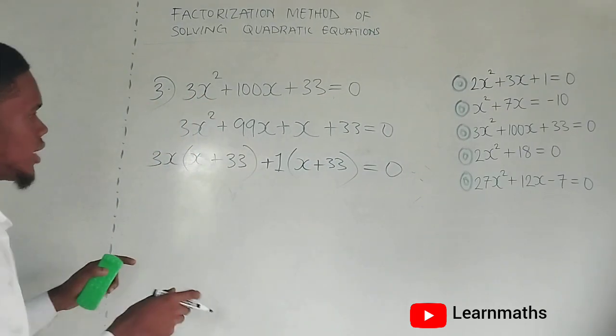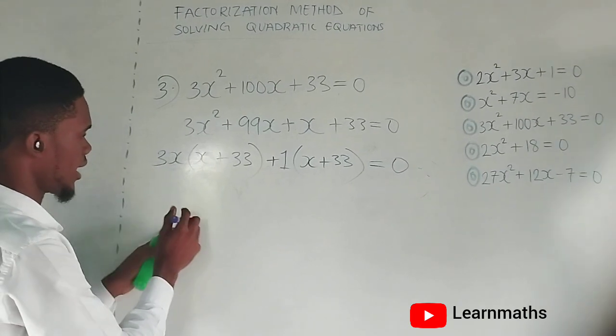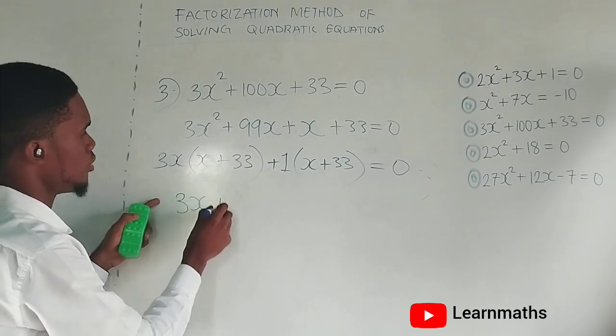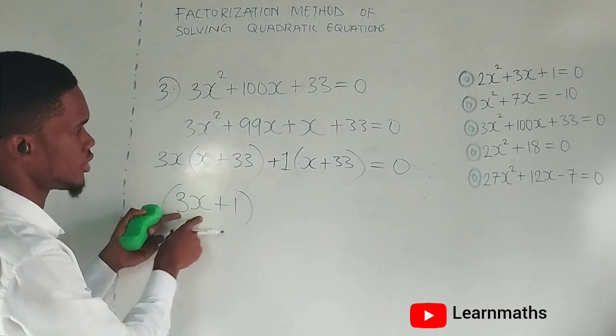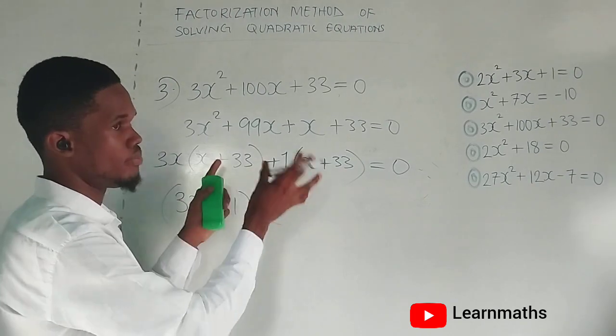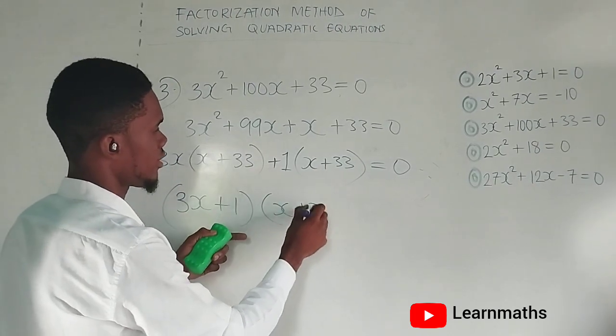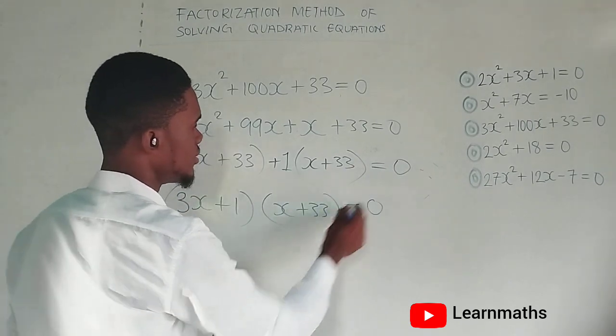So as usual, you take the two terms outside the brackets and enclose them in their own bracket. So this will be 3x plus 1. Then the two terms in brackets which are similar, you just pick one of them and place it: x plus 33, both equal to 0.